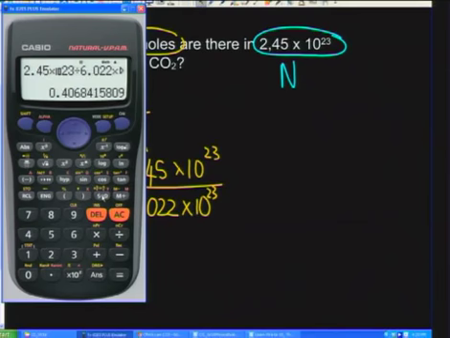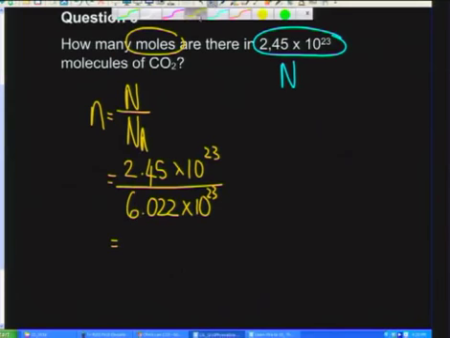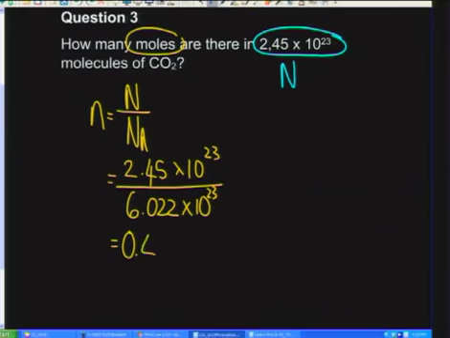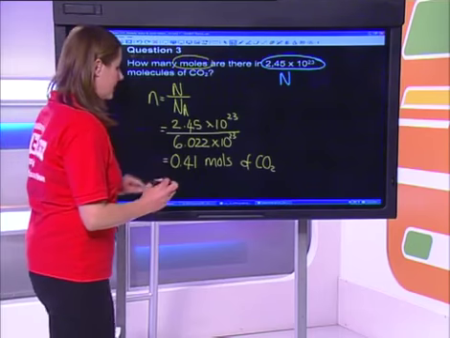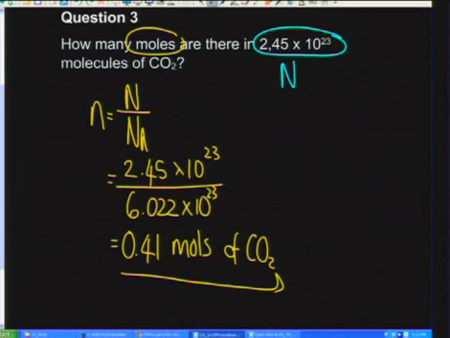That's usually how we work things. So 0.41, and immediately I can write here 0.41 moles, that is my unit, of CO2. Have I answered the question, how many moles? Yes, I have. That is my final answer.